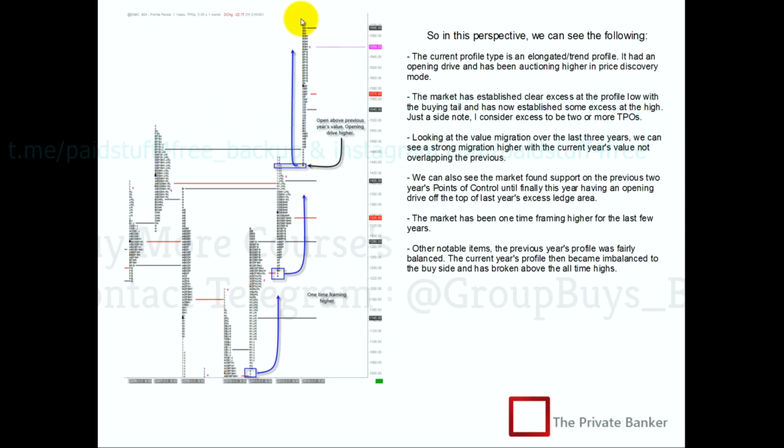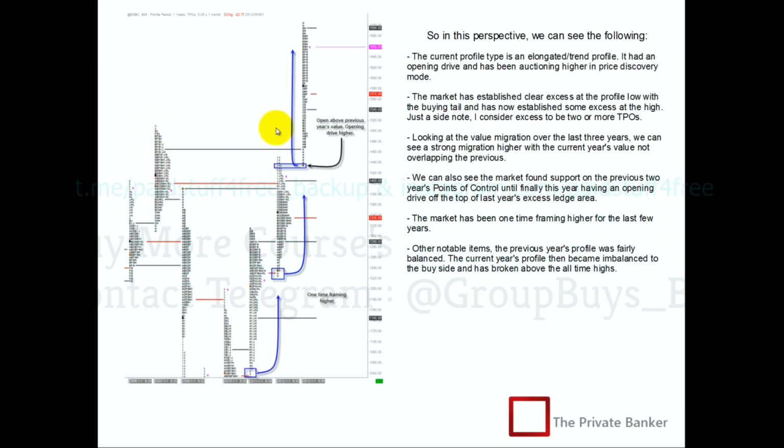Just as a side note, these are very big levels here, but typically excess should be at least 2 TPOs or more, and that's just my personal preference. Maybe people would look at a higher number, but just looking left, here was the all-time high previously, and we had 2 TPOs at the high there as well. So I think that's definitely good excess occurring there.